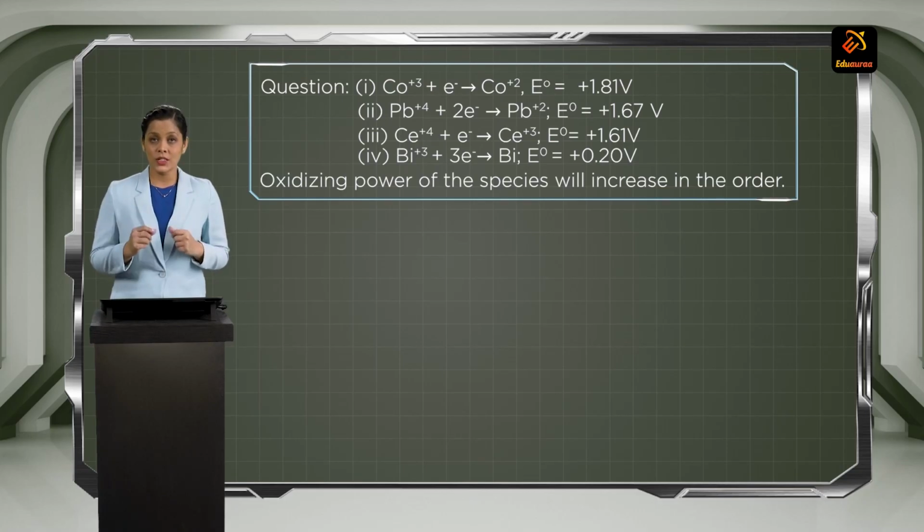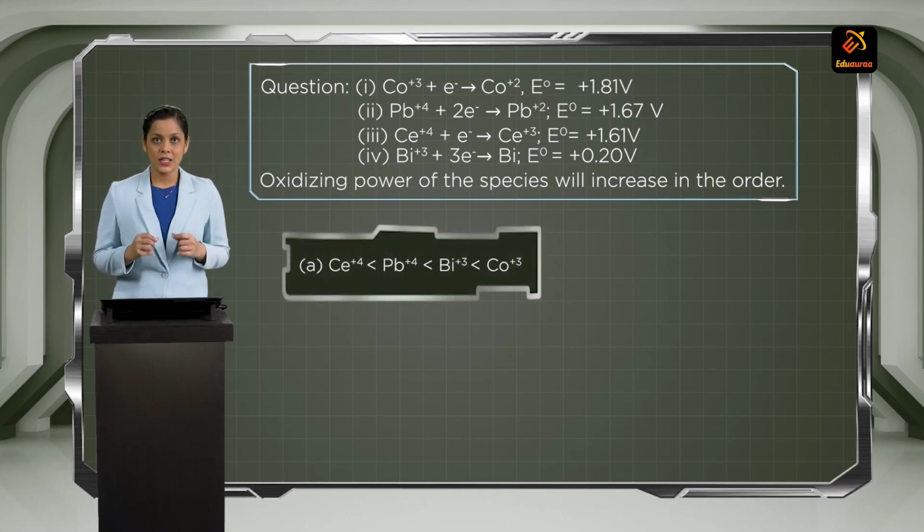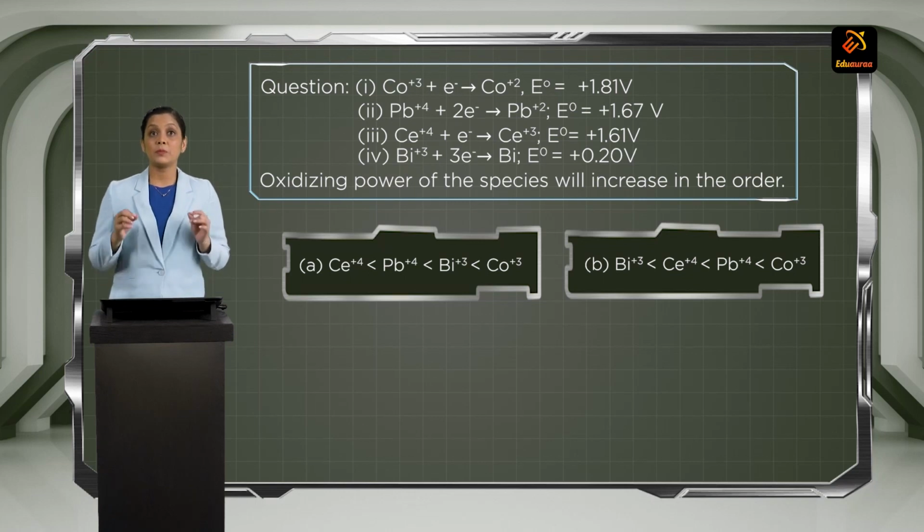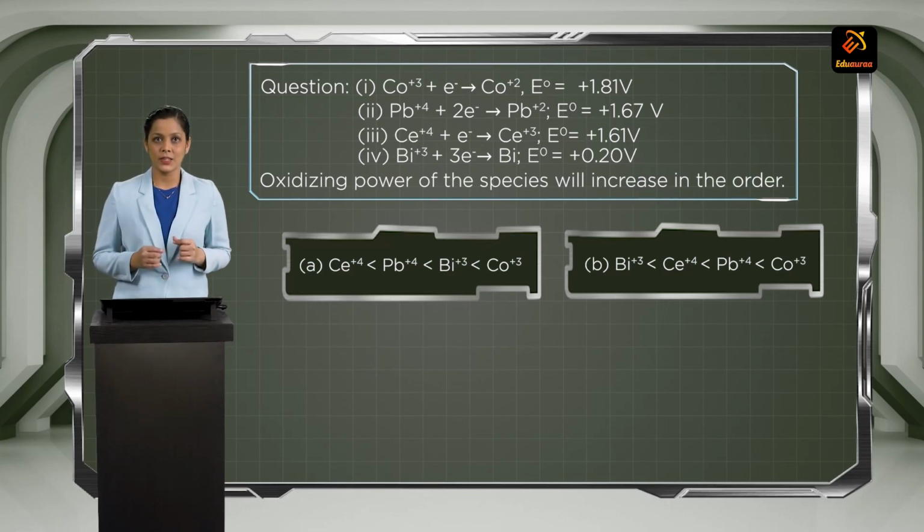And the question here is, students, oxidizing power of the species will increase in the order. Option A, cerium plus 4 less than lead plus 4 less than bismuth plus 3 less than cobalt plus 3. Option B, bismuth plus 3 less than cerium plus 4 less than lead plus 4 less than cobalt plus 3.